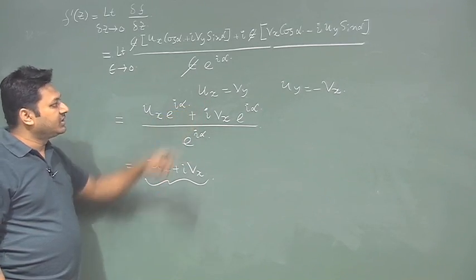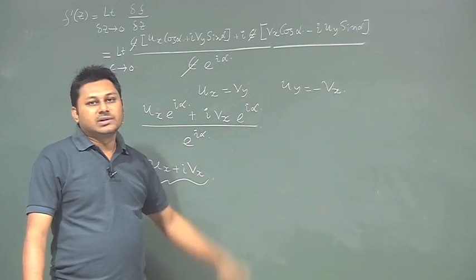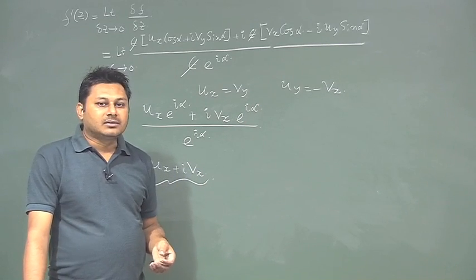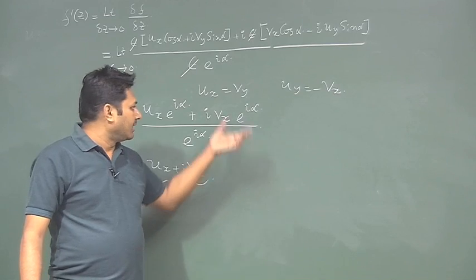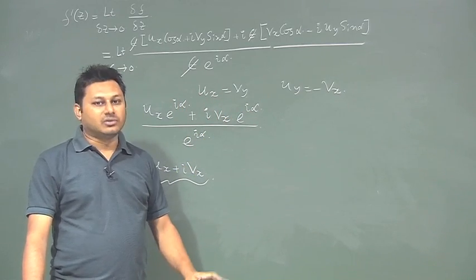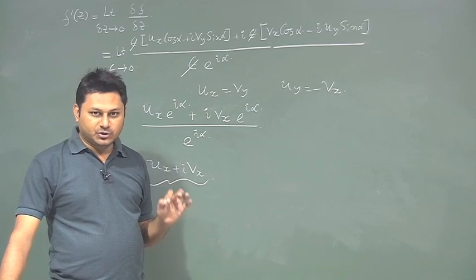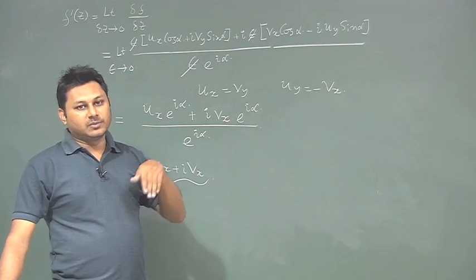So, this is true only when the Cauchy-Riemann equation is satisfied. That means it is a cross verification that the Cauchy-Riemann equation is sufficient to tell whether the given function is analytic or not, and whether the derivative exists or not. The derivative existing means the limit should exist, and the limit should be approached from all possible directions.